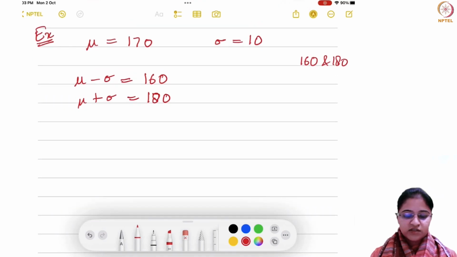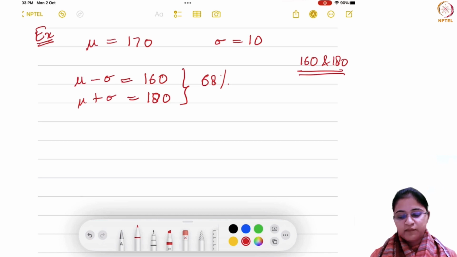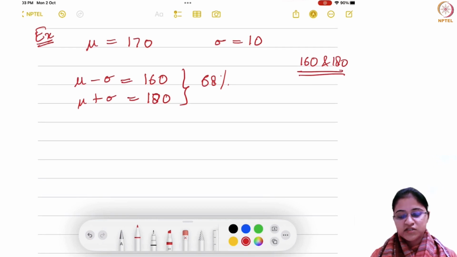This shows that we can use the standard rule of thumb, which says that 68% of the observations lie between mu minus sigma and mu plus sigma. So here also you can say that from the data set that you have for the heights of individuals, 68% of them would have heights between 160 and 180 centimeters.